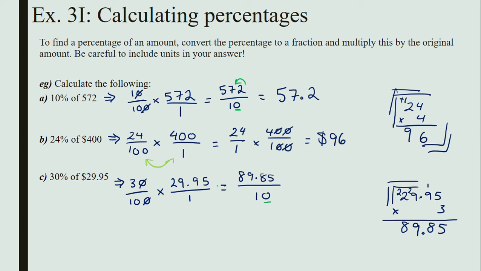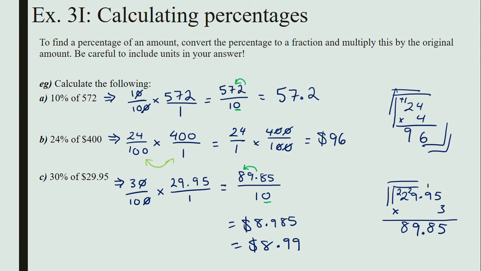We're going to move the decimal point back once more. So what that tells us is that 30% of $29.95 is 8.985. In money, we only ever have 2 decimal places, so $8.99 is our answer. Again, you can use a calculator to help you out with this.